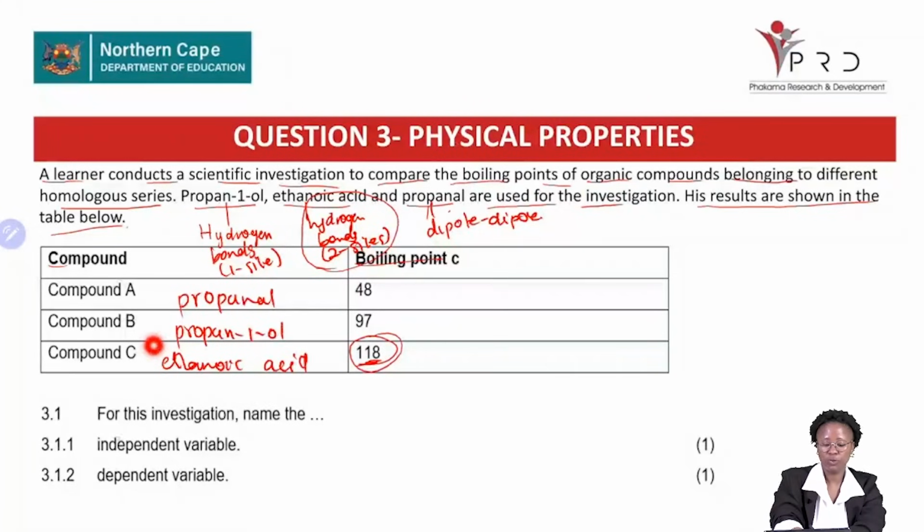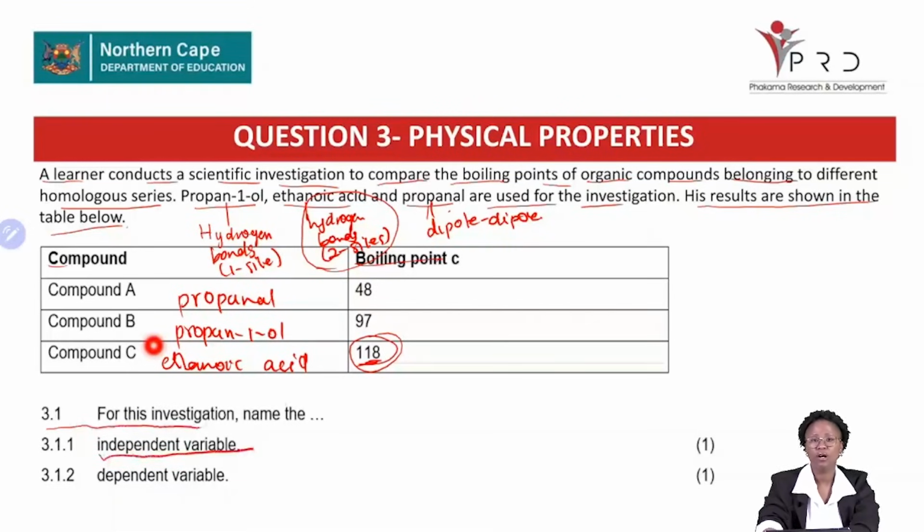Now we look at the question. 3.1 says, for this investigation, name the independent variable, what made the change. What made the boiling point increase or decrease? It is the type of homologous series. Can you see there are different homologous series?